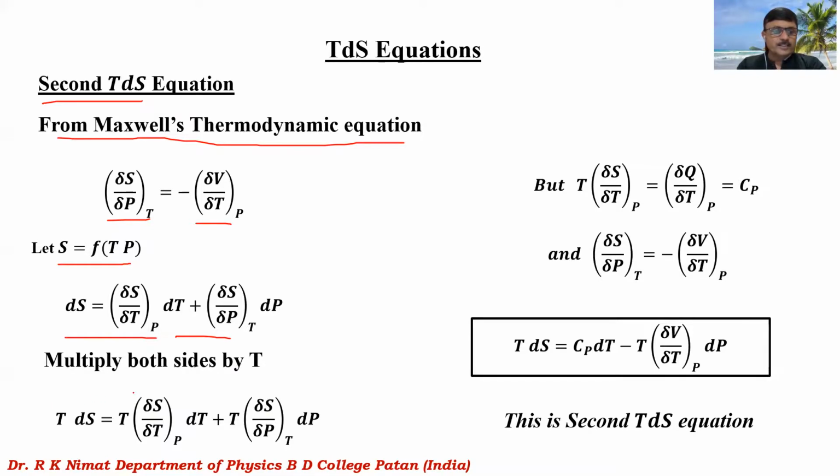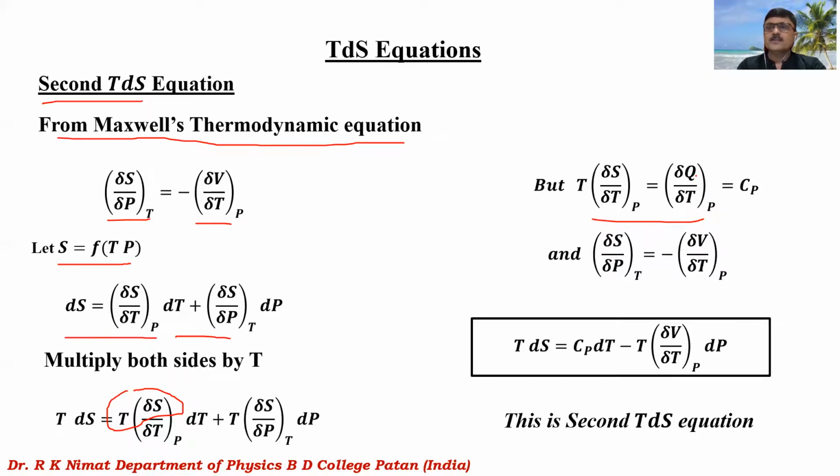Again, this T dS is nothing but delta Q, so we can write T into delta S by delta T at constant P as delta Q by delta T at constant P.